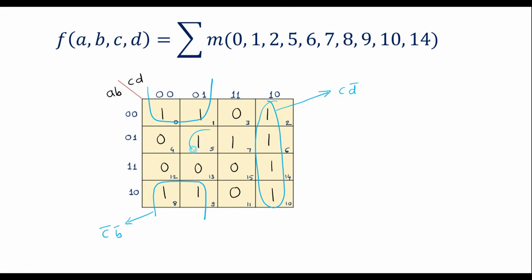Then we have one pair here. The common factor here is D, and here it is A bar B. Therefore I can write F is equal to C D bar plus C bar B bar plus A bar B D.